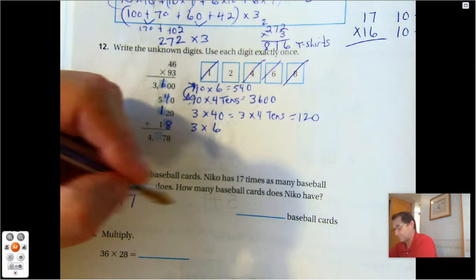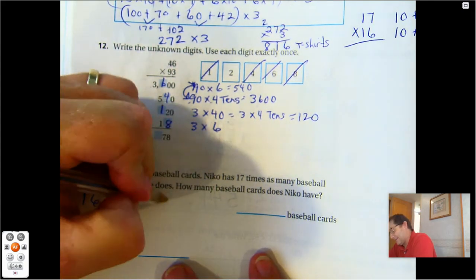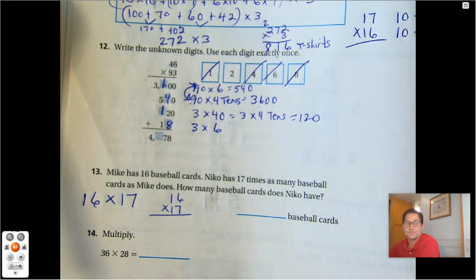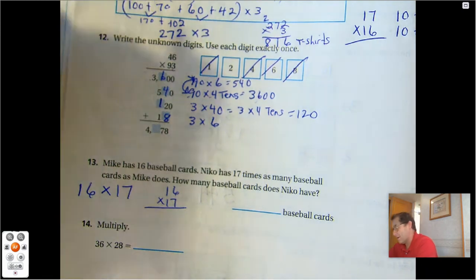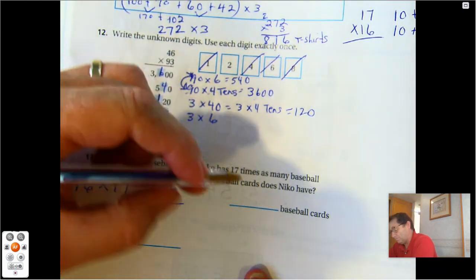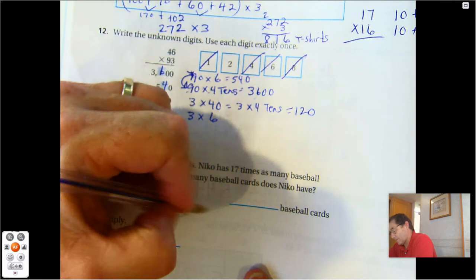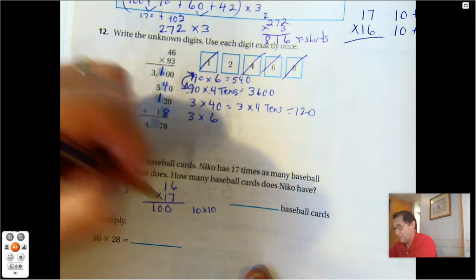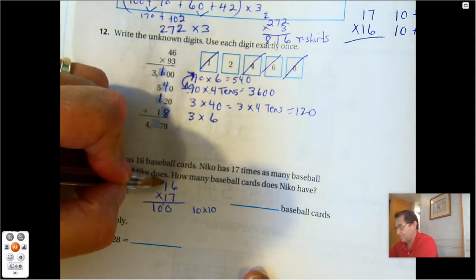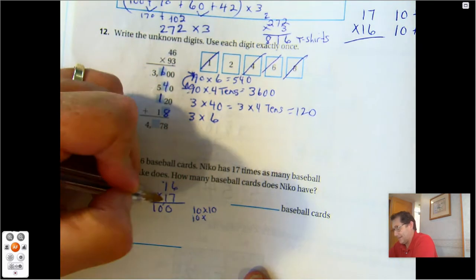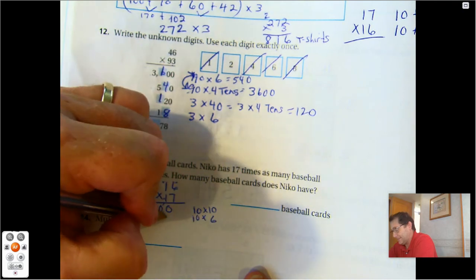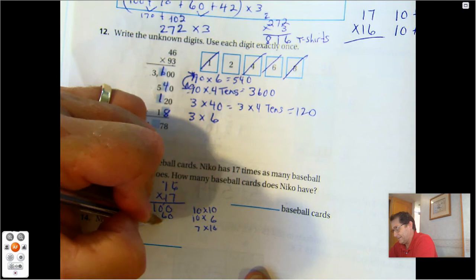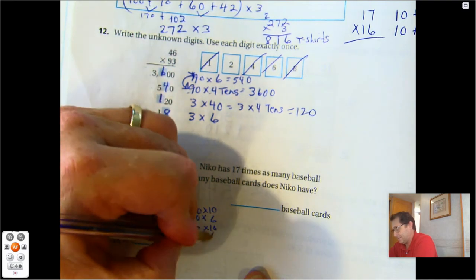So if we stack 16 times 17, okay, we can have 10 times 10, that's 100. 10 times 6 is 60. 7 times 10 is 70. And 7 times 6 is 42.